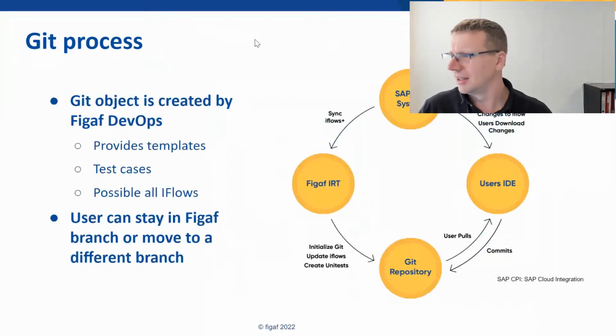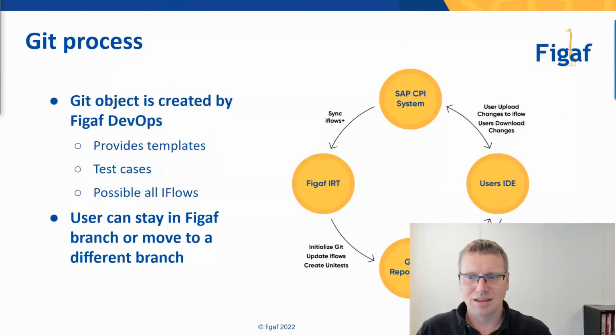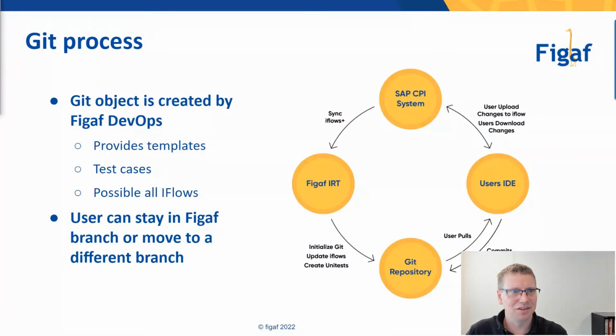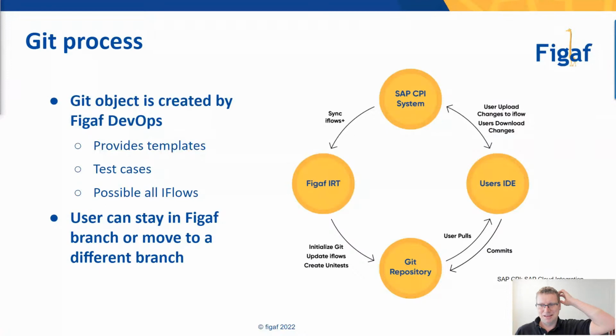Good. So if we talk about our Git process, I would say it is a simple way to handle it. The way it works is that you would be developing in your CPI system. In the Figaf tool, you would then call this CPI system and download all the artifacts.